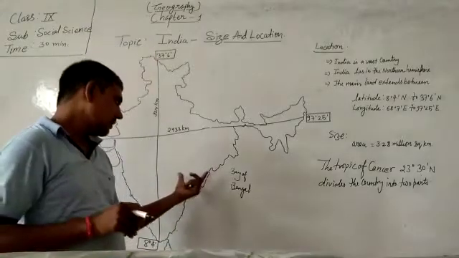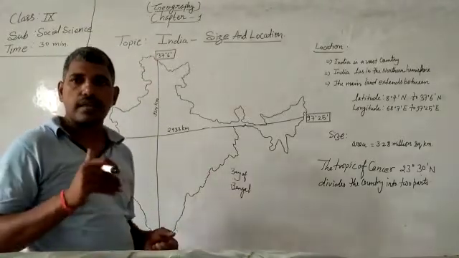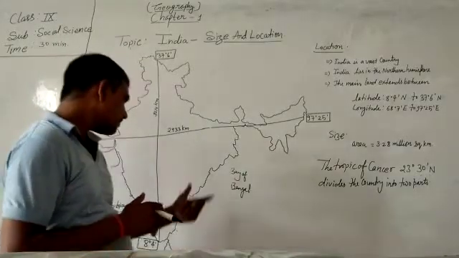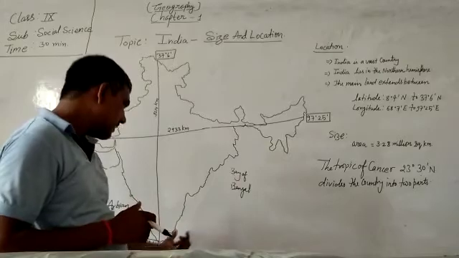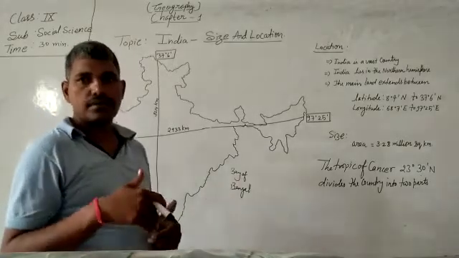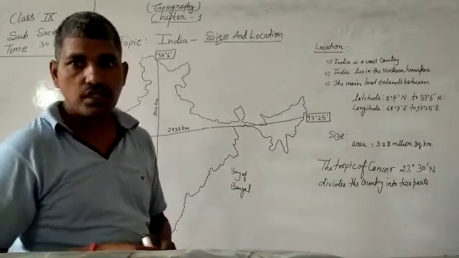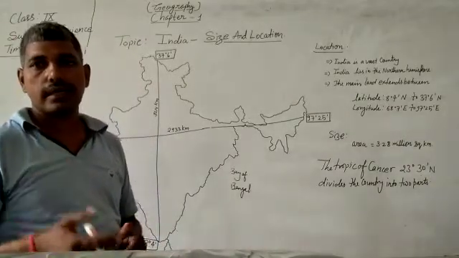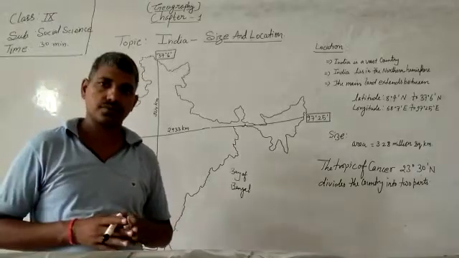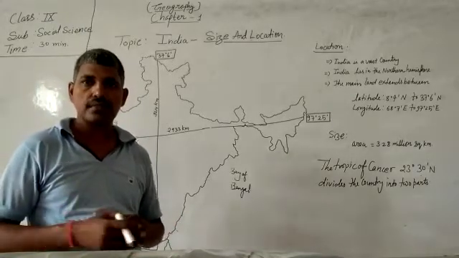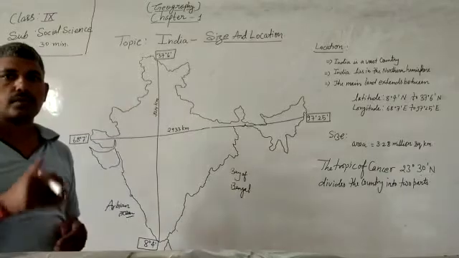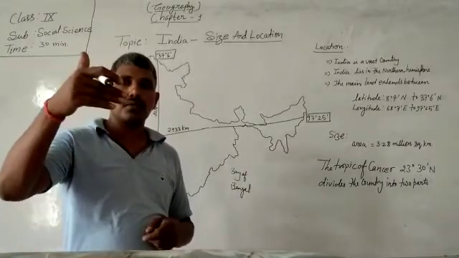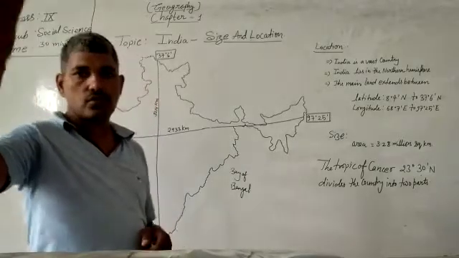Dear children, the peninsular region is considered very important. What is the reason behind it? This attachment to the waters gives opportunity for trade with other countries and links with other countries by water routes, by ocean routes, and this is helpful in trade. Some important things which we need, we import from other countries, and we export some things to other countries.